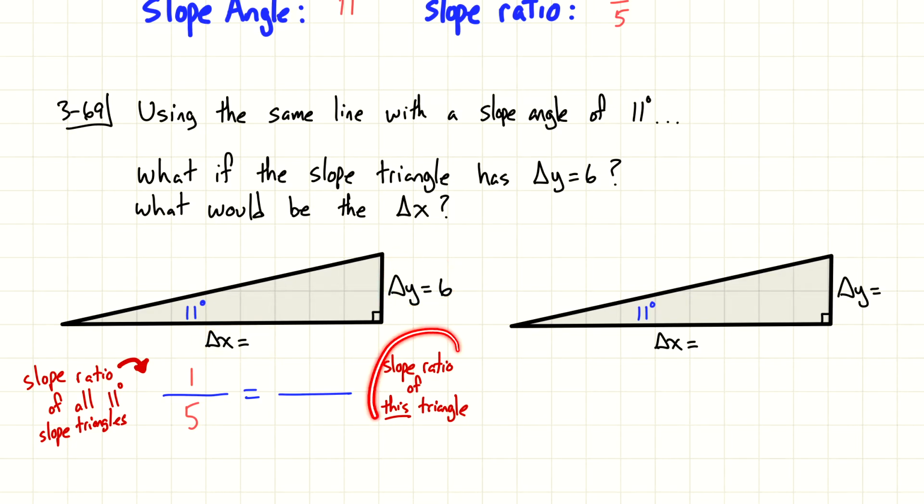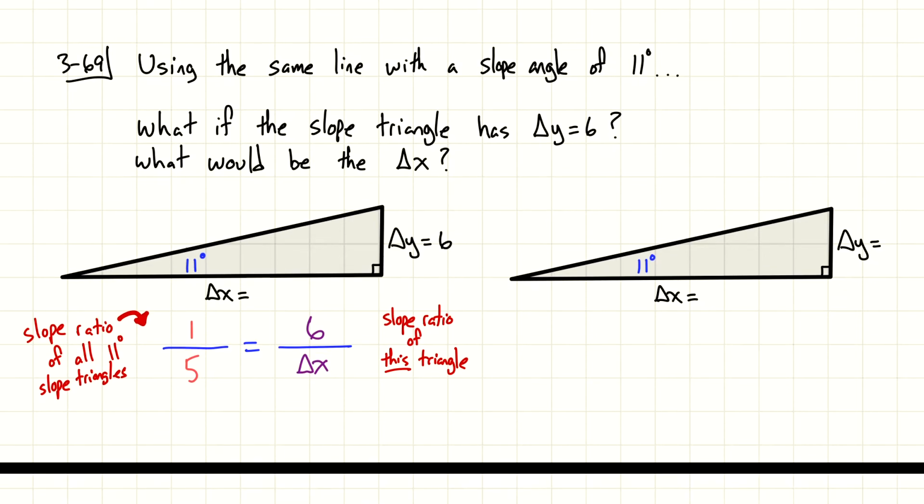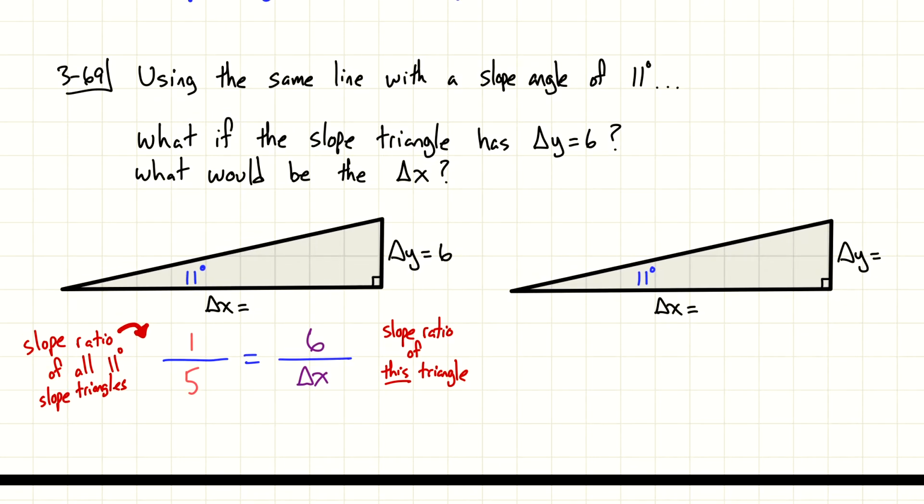But if I take the slope ratio of this triangle and include it in my proportion, so rise is going to be 6, and the run we don't know, so I'm going to put delta x. That'll be our variable that we're solving for. So now we have a proportion that we could solve. So if we use our skills from before, cross multiply and solve, then we should end up with a solution.